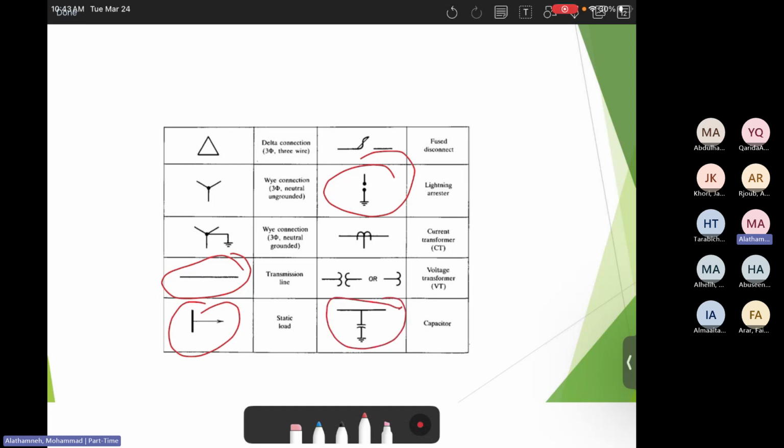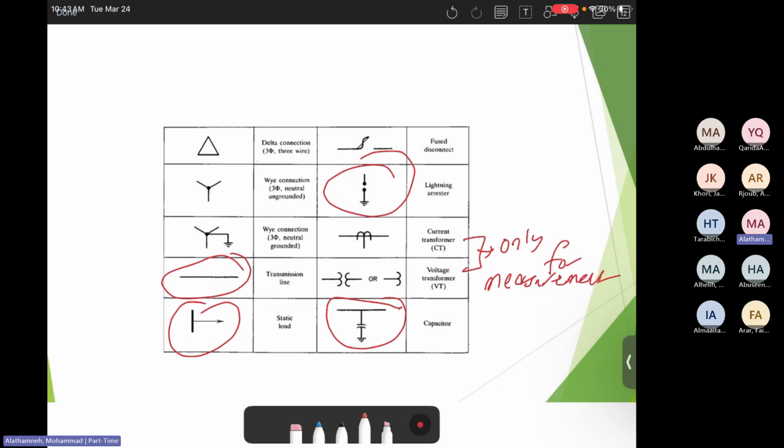Then there's a capacitor bank to be turned on to increase the voltage whenever needed and to improve the power factor. Then there are two things remaining, which are CT and VT. CT is the current transformer, VT is the voltage transformer. Both of them are being used only for measurements. They will not provide power to the system.